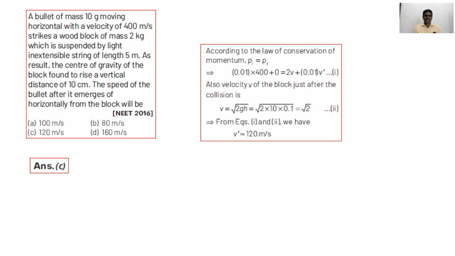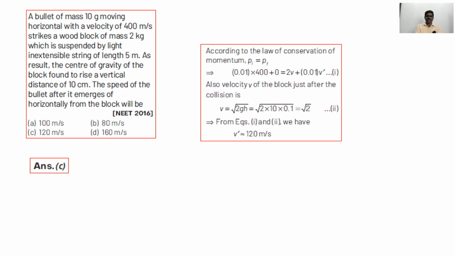The velocity v of the block just after the collision is v equal to root of 2gh, derived from the formula v square equals u square plus 2as, with initial velocity u equal to 0, a equal to g and s equal to h.